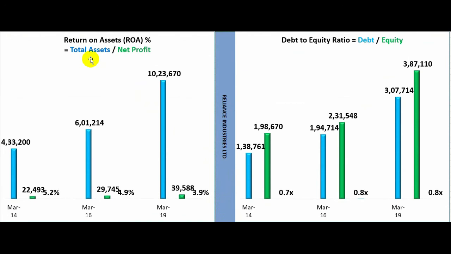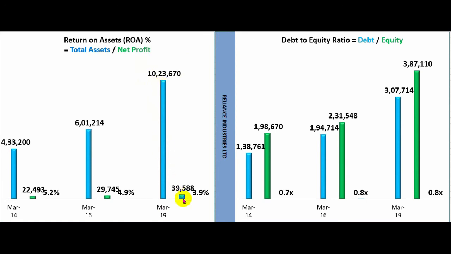In this third chart, we'll look at return on assets, ROA. We'll compare how much net profit the company generated on the total assets of the company. This is the balance sheet size of the company. In March 19, the total balance sheet of the company, that is all assets considered together, was around 10,23,000 crores. This is the total assets of the company.